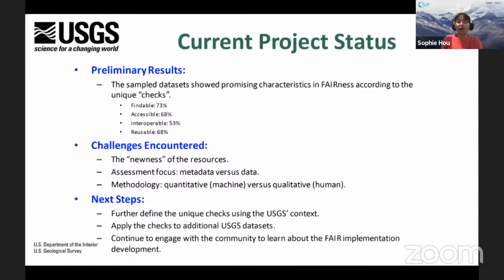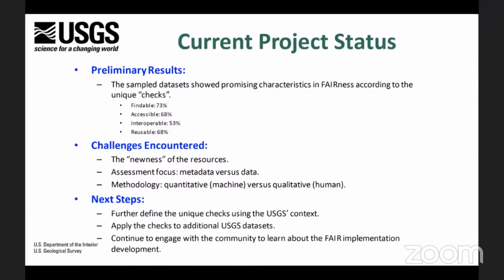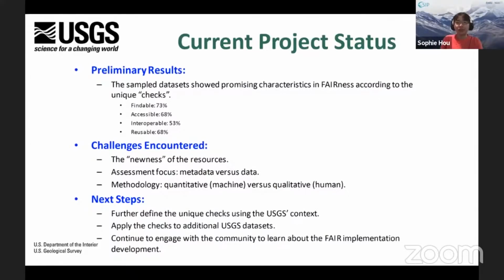We might or might not be understanding or interpreting these checks according to the original organizers or the groups that came up with them, and how they envision the checks should be implemented. So there are definitely going to be discussions there. But of course, also the focus of the assessment, metadata versus data.